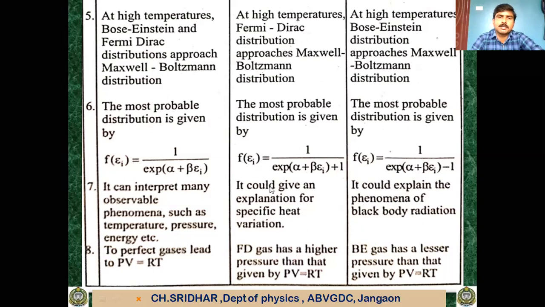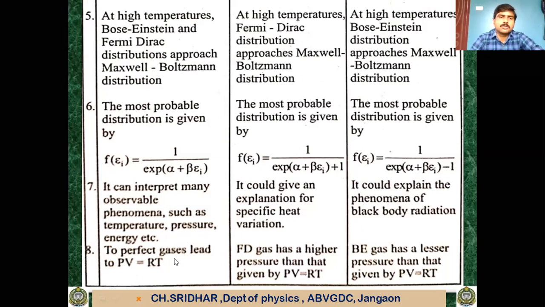Fermi-Dirac statistics is applicable to the electron gas, and we can explain the specific heat variation of solids using Fermi-Dirac statistics. And the classical phenomena such as temperature, pressure, and energy can be explained using Maxwell-Boltzmann statistics.